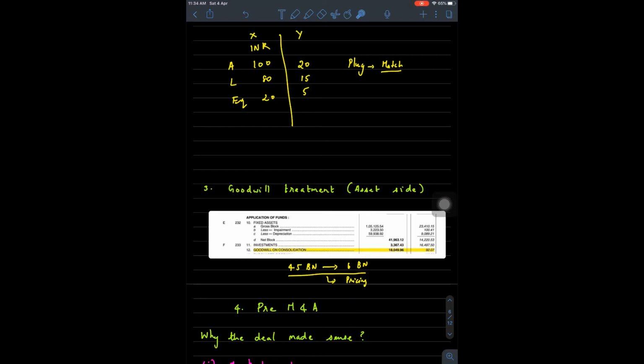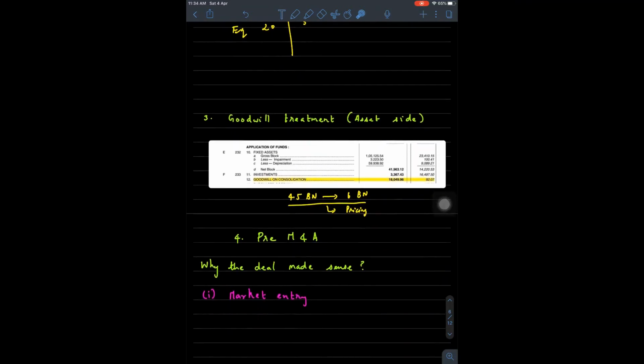The portion of money TSL paid more than the fair value of Corus will get recorded as this entry. Notice that the goodwill in consolidation has zoomed up by 18,000 crore in the acquisition year's balance sheet. This is precisely the goodwill which Tata Steel's consolidated financials has recorded for this acquisition.